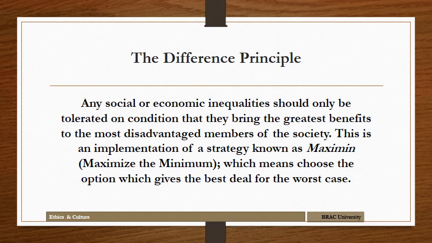This is an implementation of a strategy known as maximin. Broadly speaking, maximize the minimum, which means choose the option which gives the best deal for the worst case.